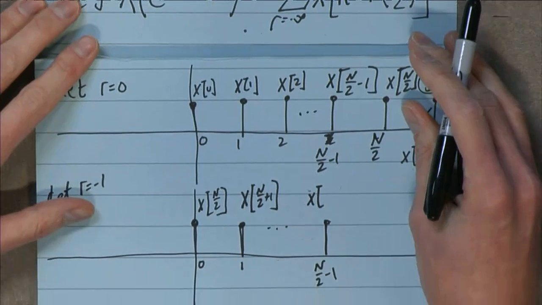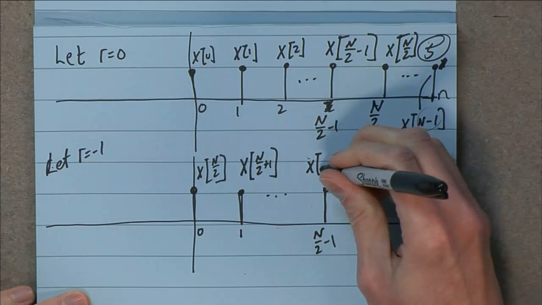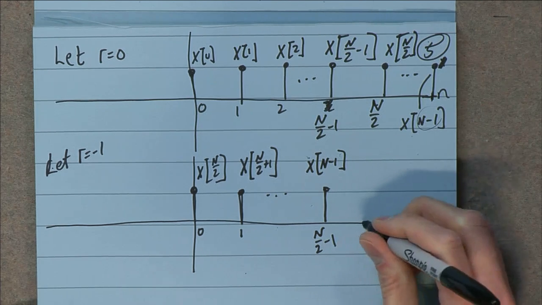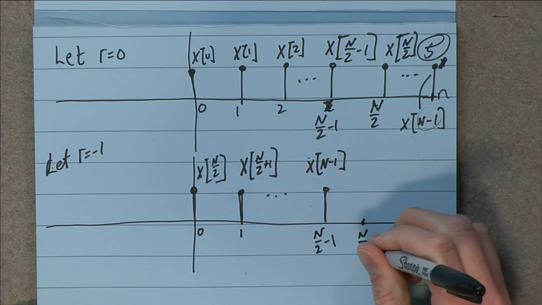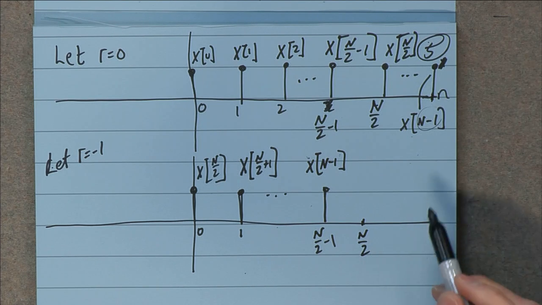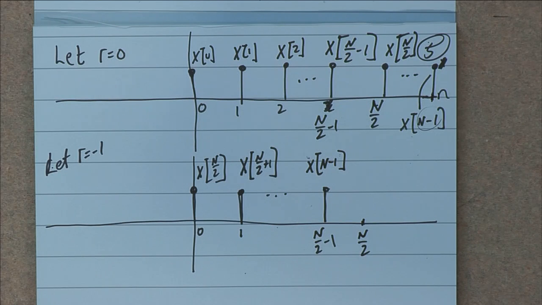So that'll be at n minus 1. It also might be interesting to say, well, what happens at n over 2? Well, it's going to be n over 2 plus n over 2, which is just n, but there's nothing at x of n, right? It only exists from 0 to n minus 1.